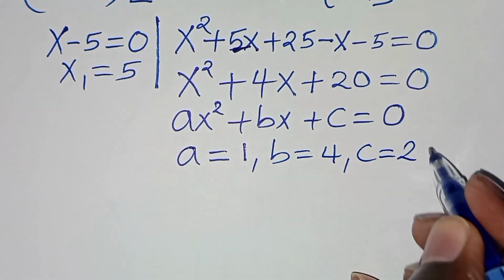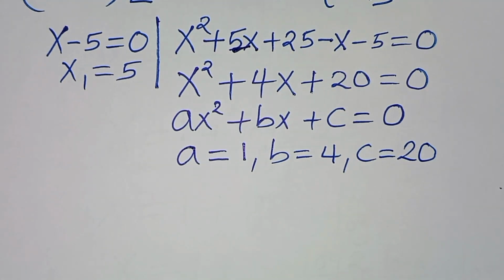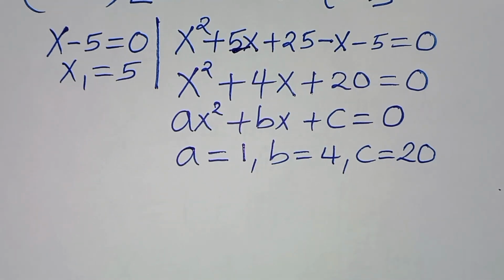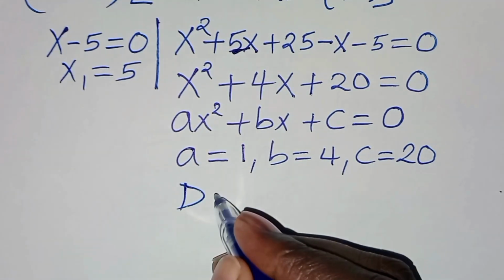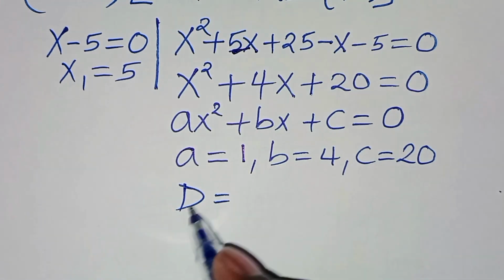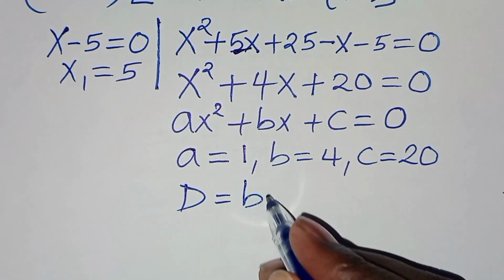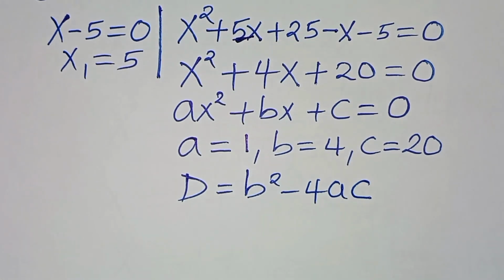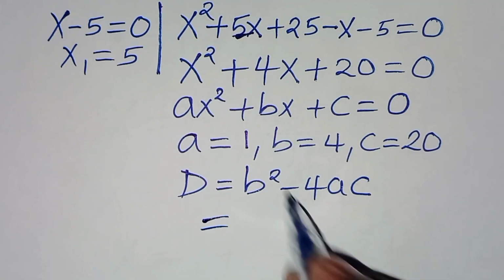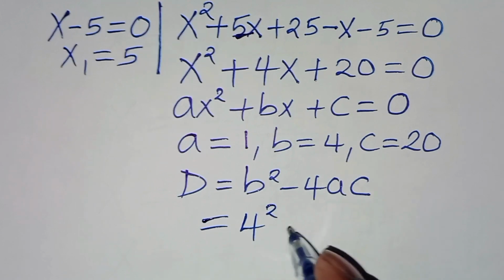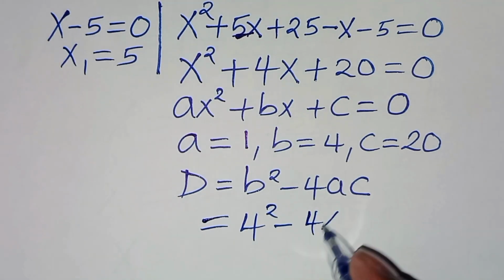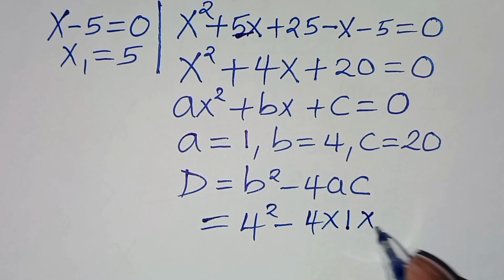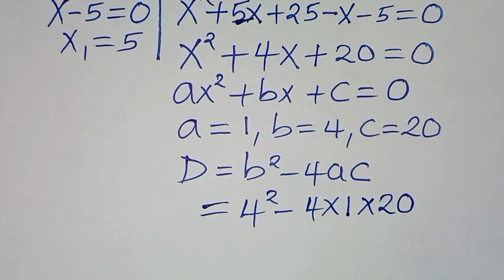And this implies that a from this quadratic equation is equal to 1, b is equal to 4, and c is equal to 20. So from here, let's assess the nature of this quadratic equation by determining the discriminant value, which is b squared minus 4ac. Substituting, we have 4 squared minus 4 times 1 times 20.